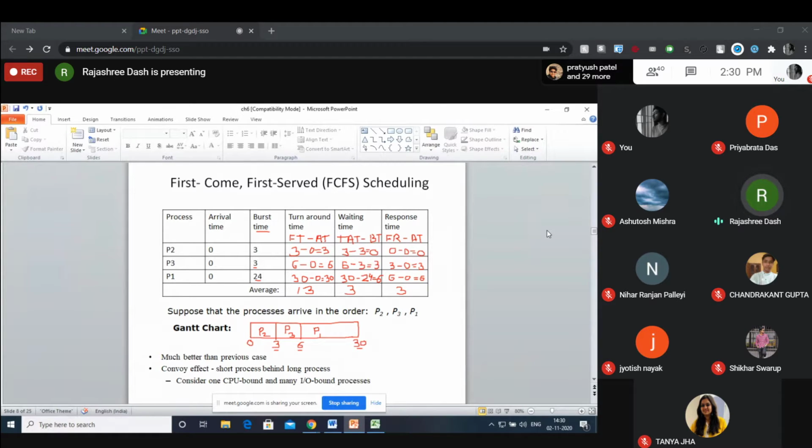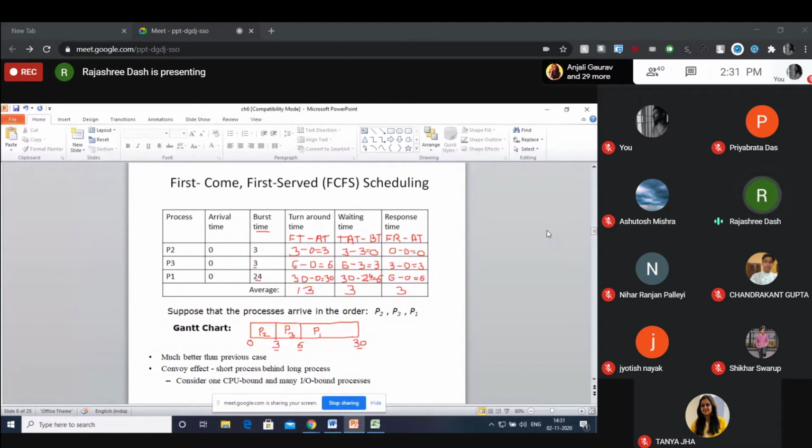So, what do we find here? If short processes are behind the long processes, then it will increase the overall turnaround time, waiting time, and the response time. That effect is known as the convoy effect, which is the drawback of first come first serve scheduling.